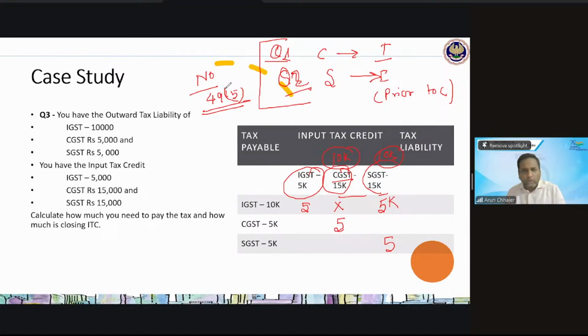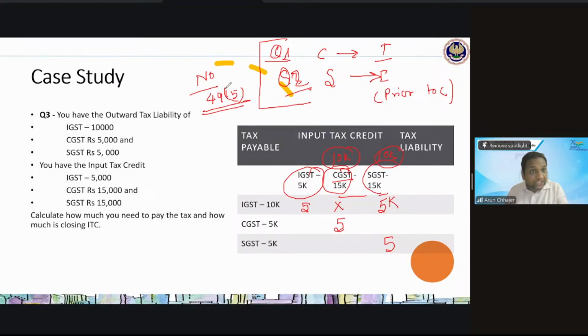Question number 1. Question number 2: can S give the amount to I without utilizing the amount lying in C? Both questions are clear to you now, right?